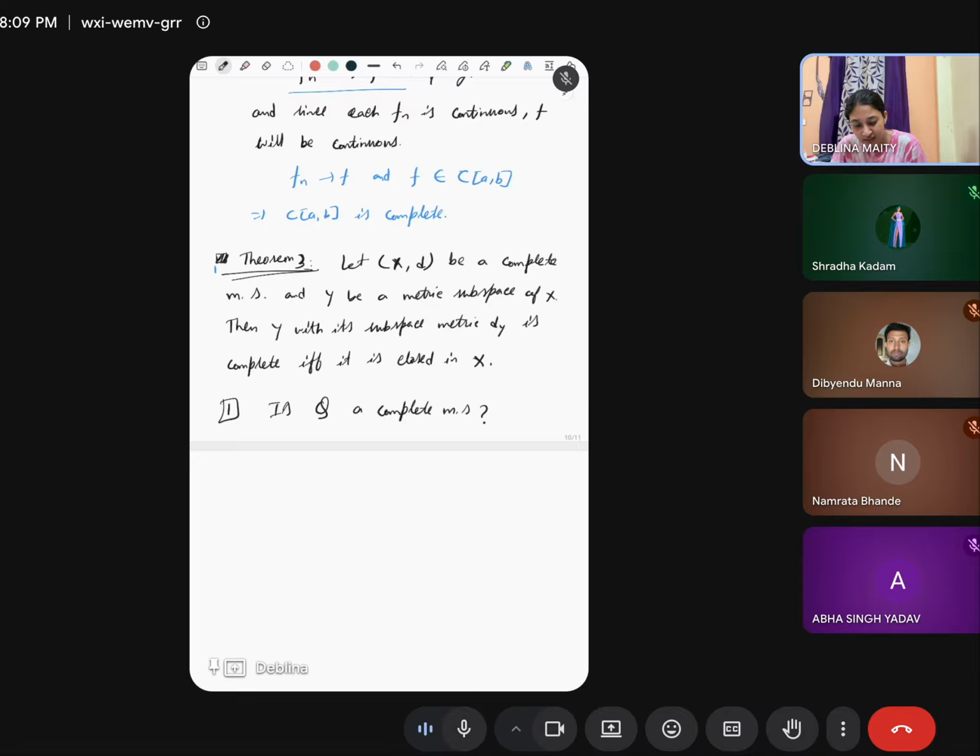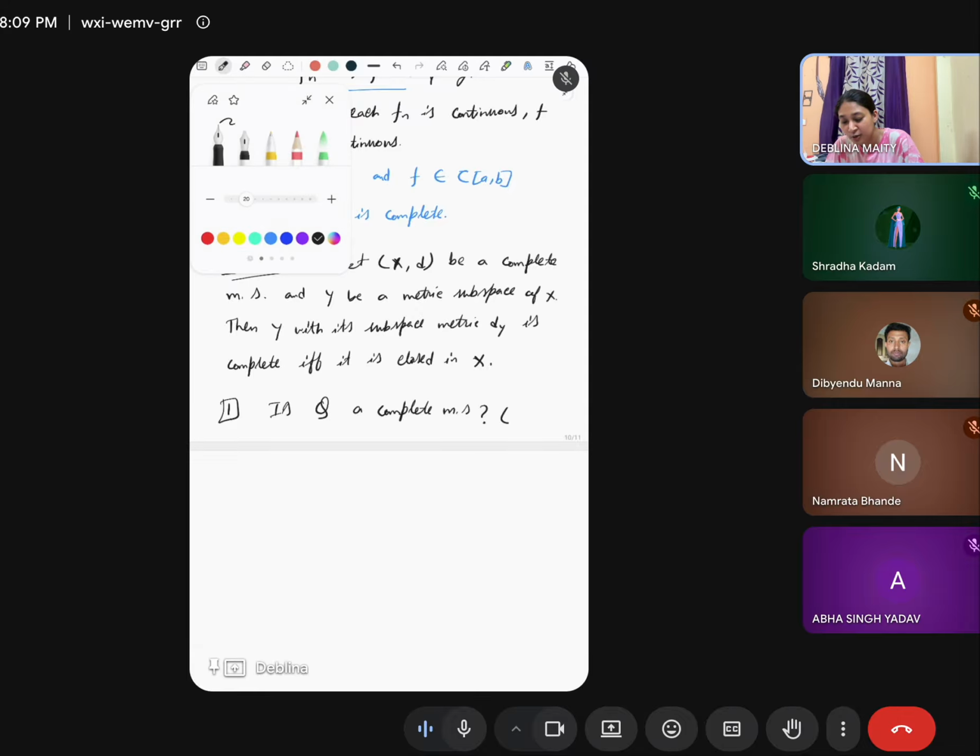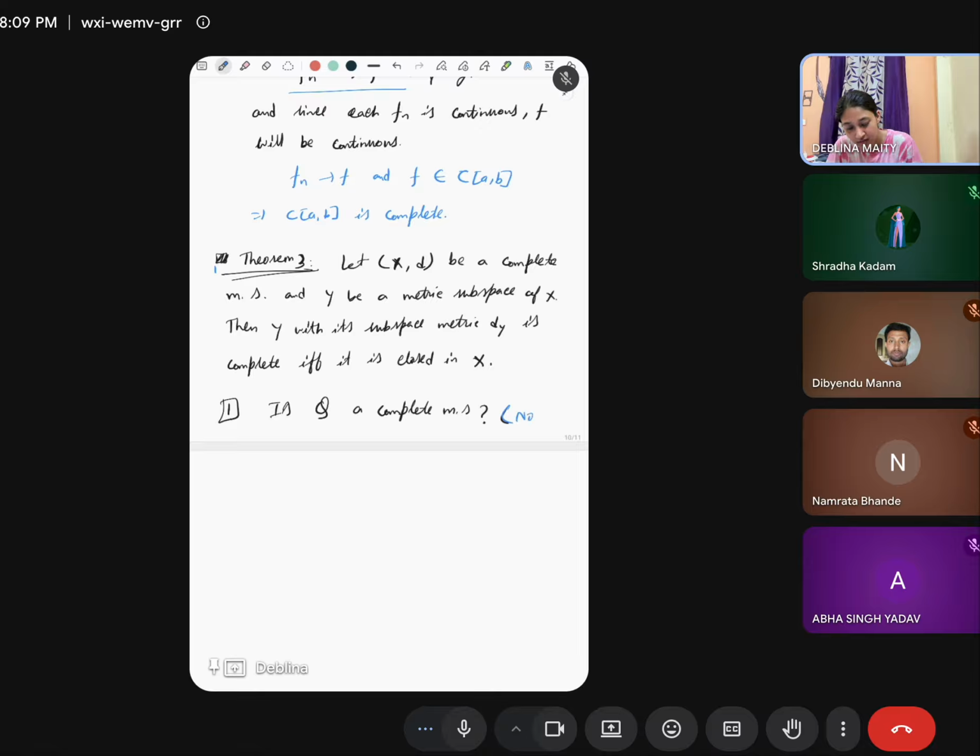No, right? Because it is not closed in R. R is complete, the whole space R with the usual metric. I have to mention, sorry, this is the wrong question actually.